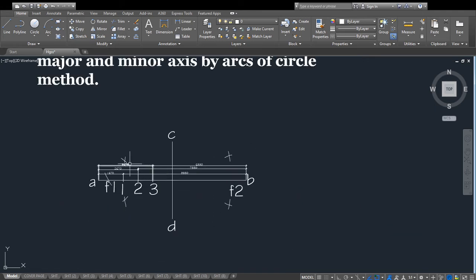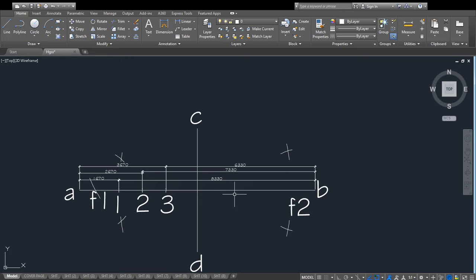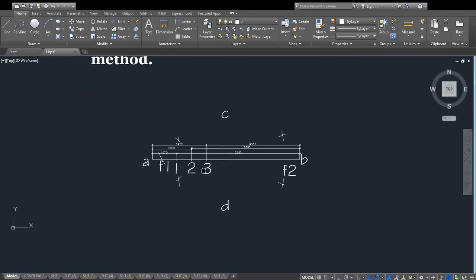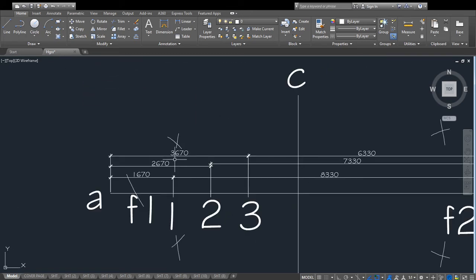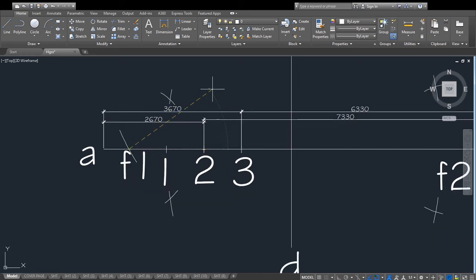We have it above and below. Now we repeat this process for A2. We pick our arc, come to F1 with the radius of 2670.